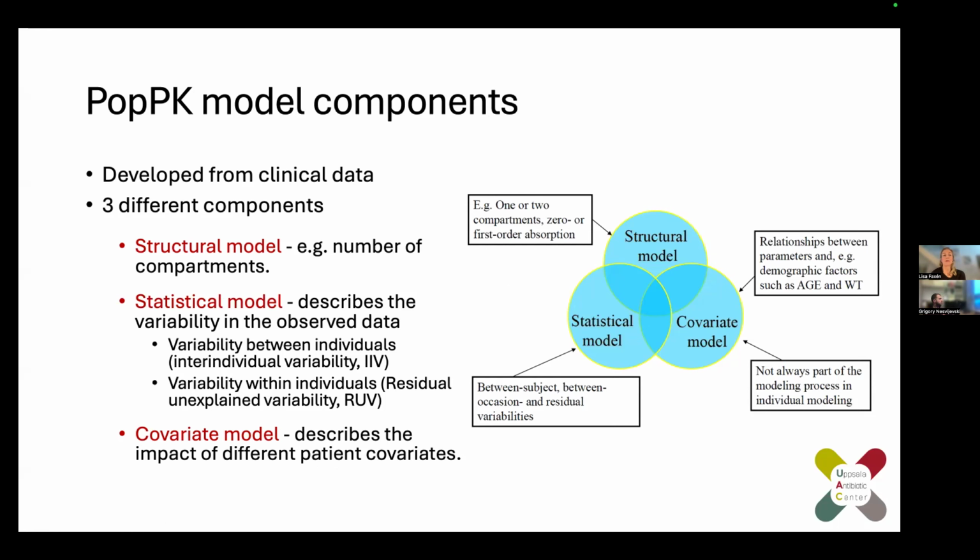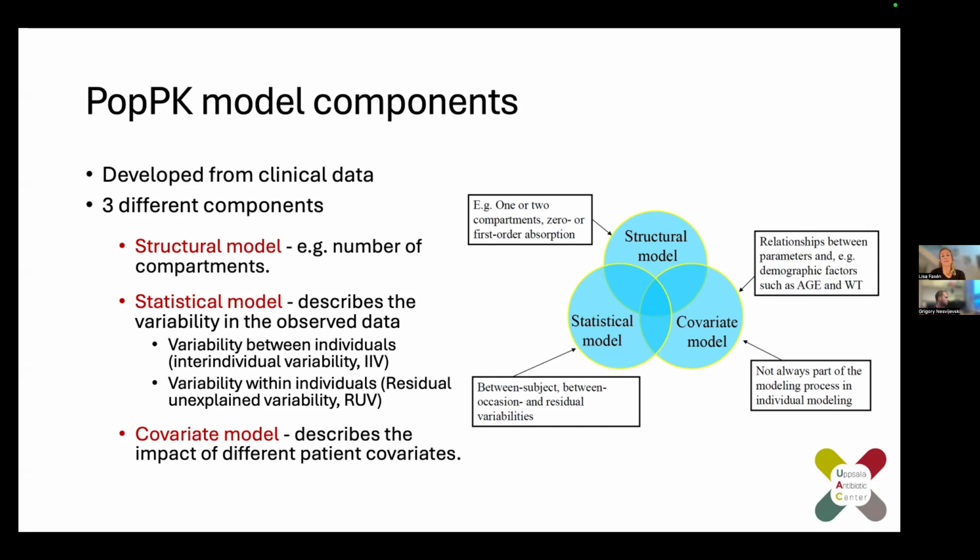And usually we talk about 2 kinds of variability. We have the variability between individuals. That's the inter-individual variability, and it's on the parameter level. So different patients in this population have, for example, different clearance.